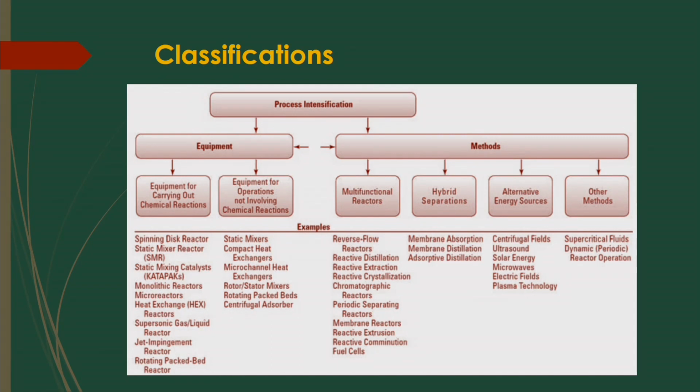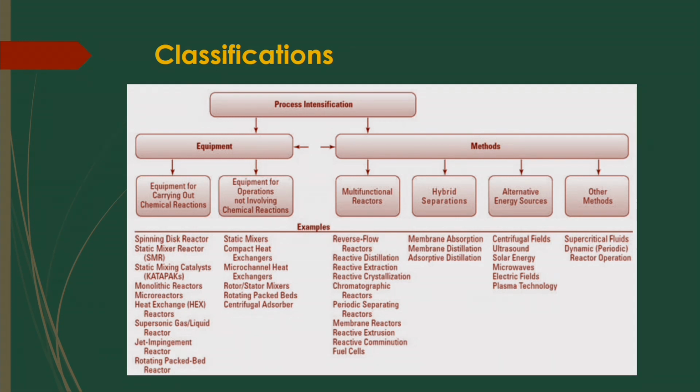Even sometimes some other processes like reverse flow reactors, reactive distillation, reactive extraction, that means conjugation of the reaction as well as crystallization, chromatographic reactors, periodic separating reactors, membrane reactors, even to separate fine particles by these membrane reactors, reactive extrusion to produce polythene, even reactive comminution.